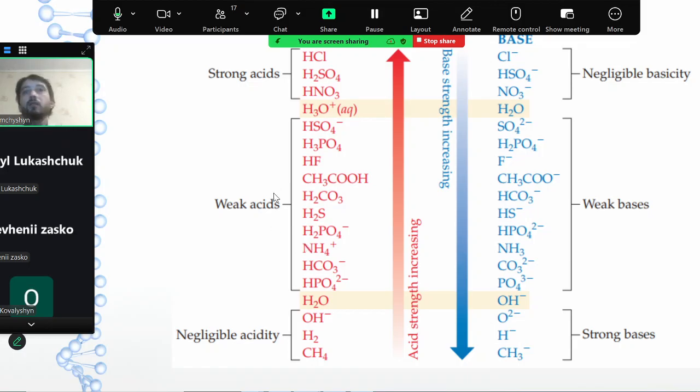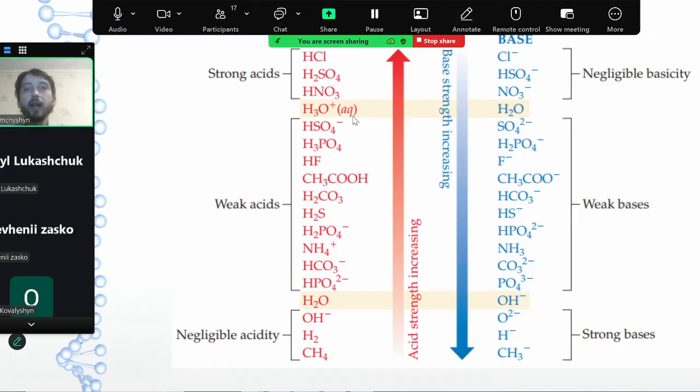I guess there should be a table with pKa's, but let's look at this one. Here you have H3O plus, the strongest acid you can have in water. Whatever is stronger fully dissociates, so, let's say, HCl transforms into chloride and H plus, and so on.